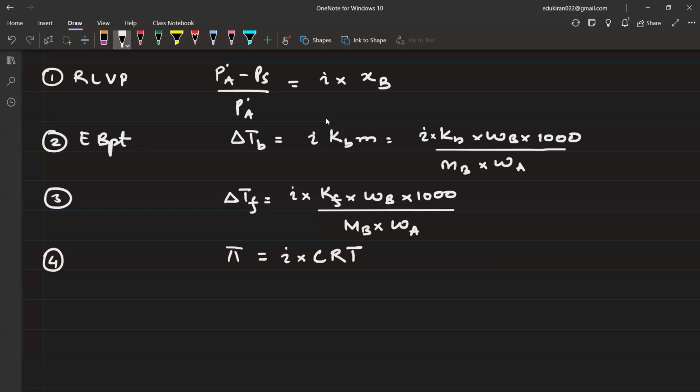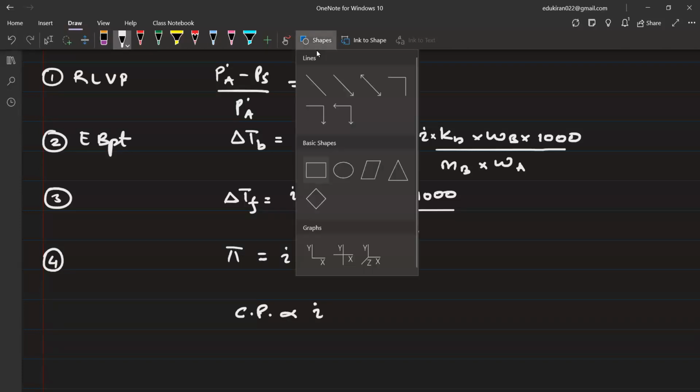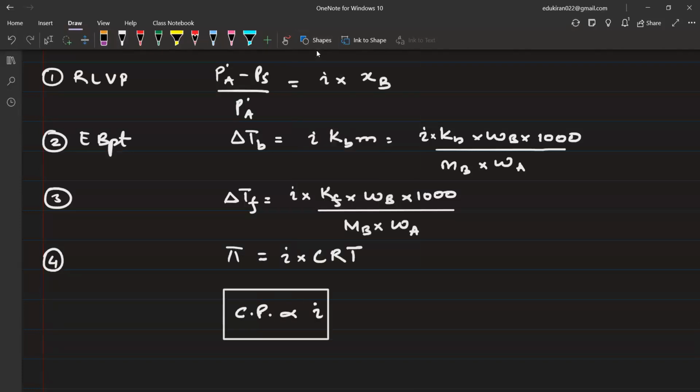As you can see, if i increases, the colligative property is also going to increase. So you can directly write one very crucial thing: colligative property is directly proportional to i. That means if there is a molecule which gets dissociated into many different ions, it will have a higher colligative property.